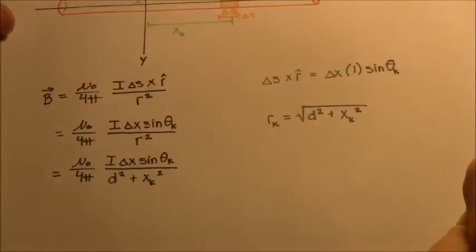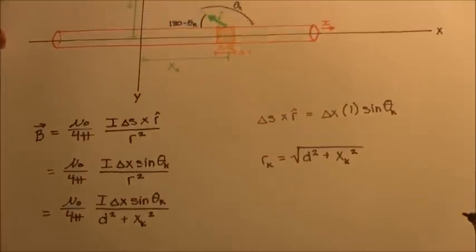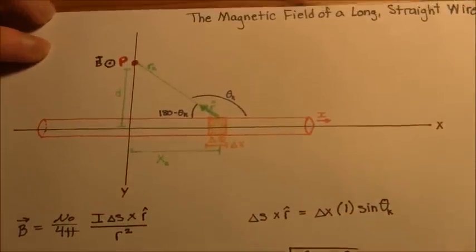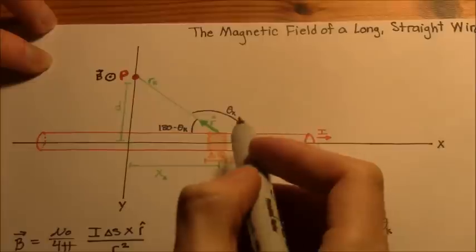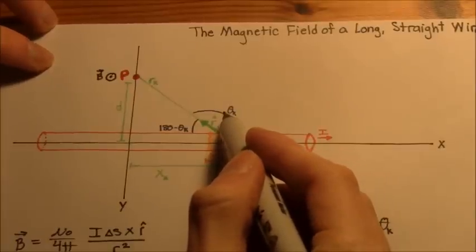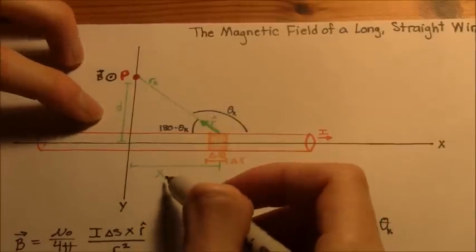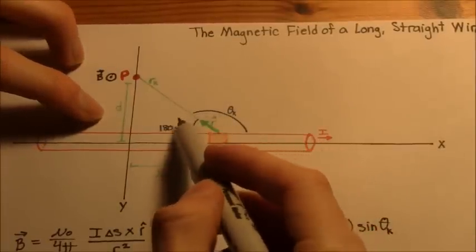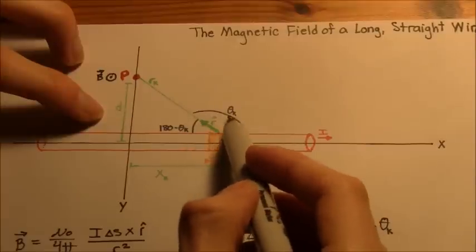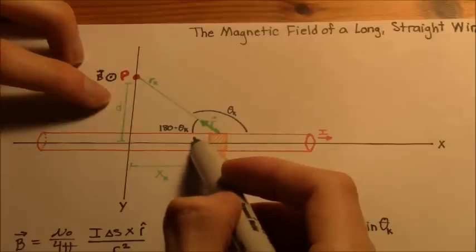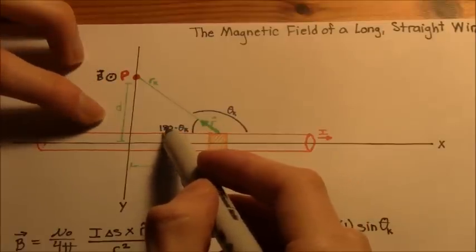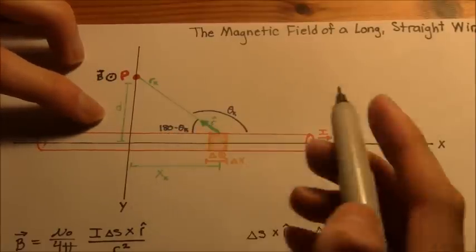Next, we can solve for sine theta k. Looking back at our diagram, we see that this angle, theta k, we can find in terms of d and xk by looking at how this angle relates to this larger angle. So this smaller angle between rk and the x-axis is 180 degrees minus theta k.